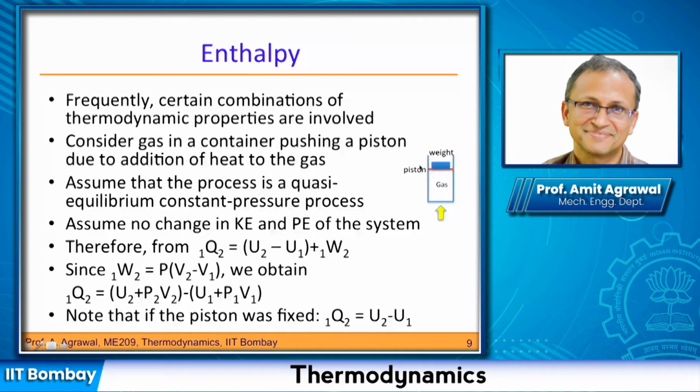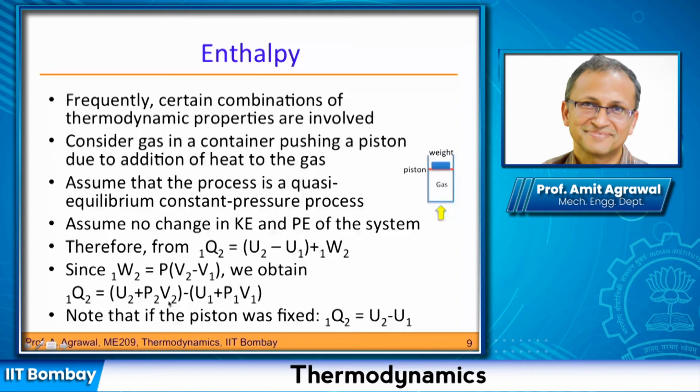So we could write the total amount of heat which is being supplied, using our first law, as the difference in the internal energy and the amount of work that is being done, which is of course P times V2 minus V1. It's a constant pressure process. Then we can see this combination of U plus PV coming out naturally.